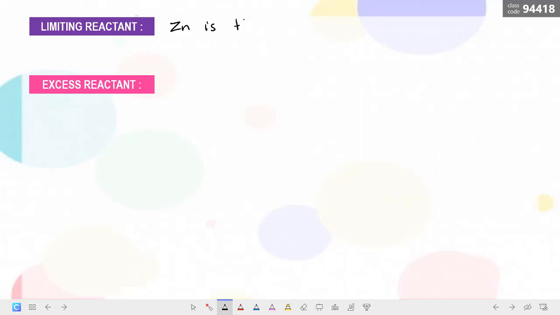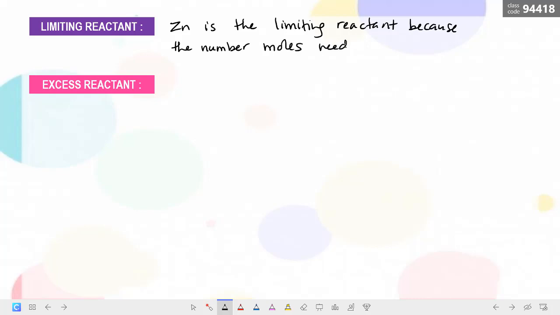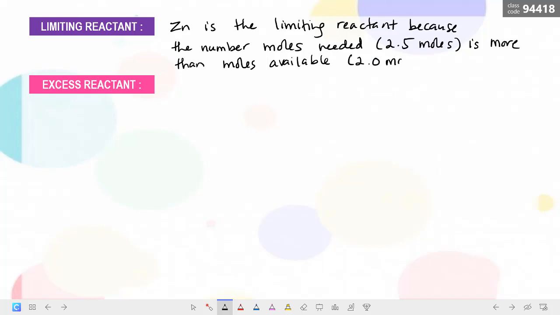Zinc is the limiting reactant because the number of moles needed, which is 2.5 moles, is more than moles available, 2.0 mole.